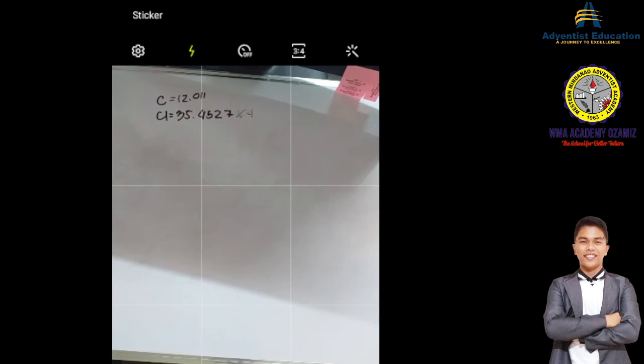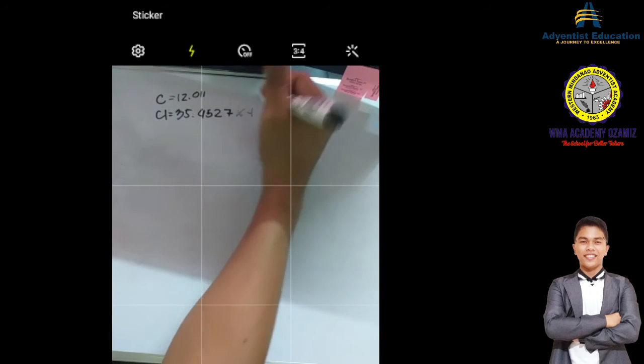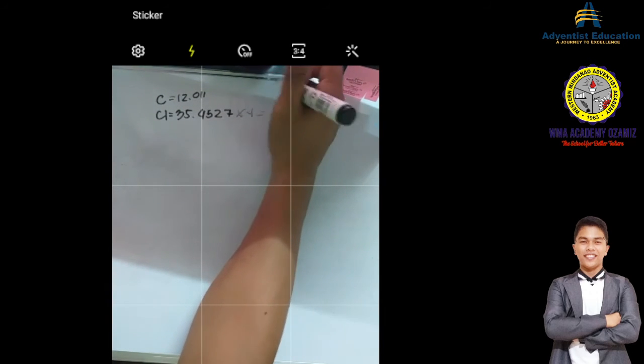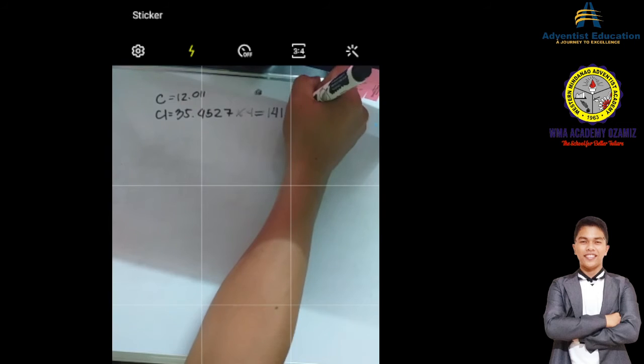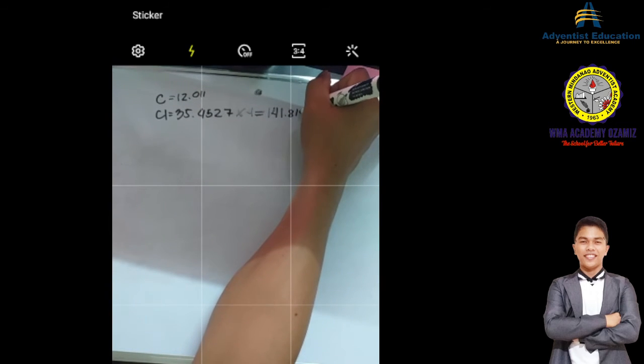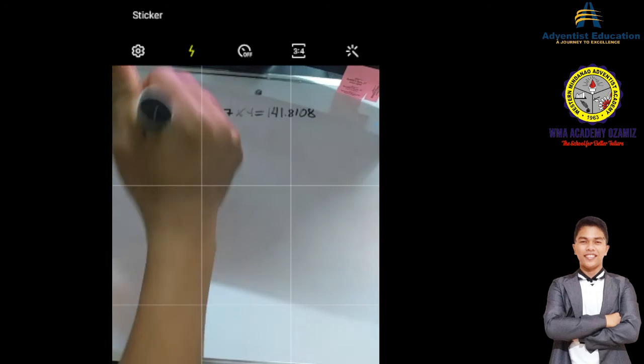Let's use our calculator. So that will be 35.4527 times 4 is equal to 141.8108. So our total chlorine is 141.8108.